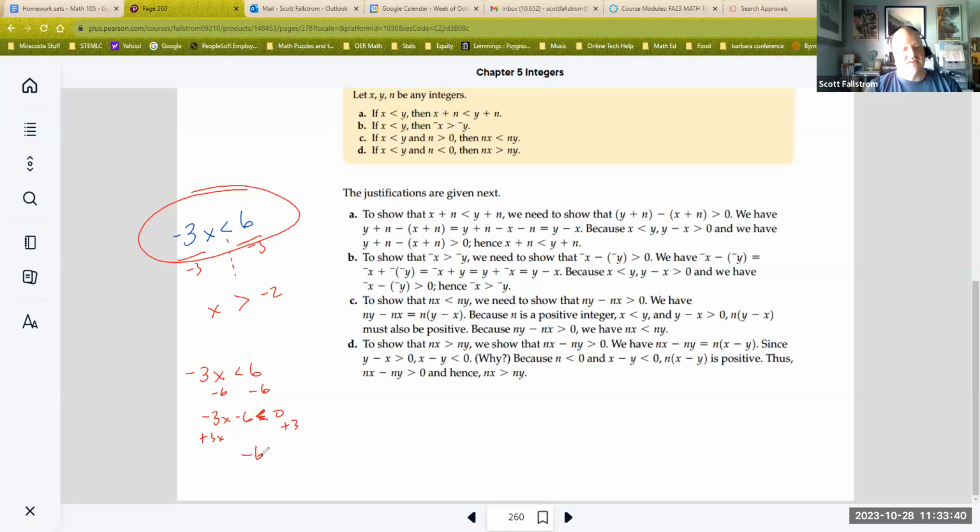Add 3x to both sides because that doesn't change anything. And then you end up with this inequality. And here you could divide by 3. And what's great is if you divide by 3, you get that -2 is greater than x, which turns out to be exactly the same thing we said back here. One of them's just a little bit quicker to do. So if you can get used to that, things become a bit easier.